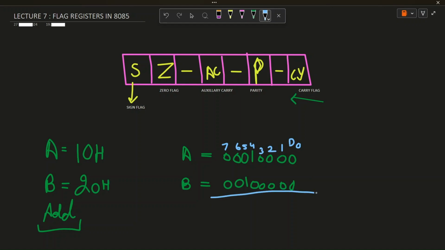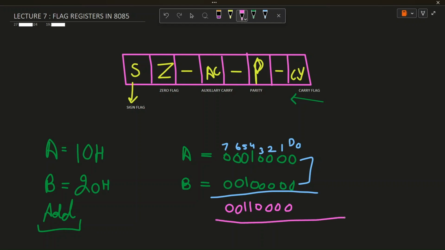So when we add these two numbers A and B, we get our result as 00110000. Am I right?